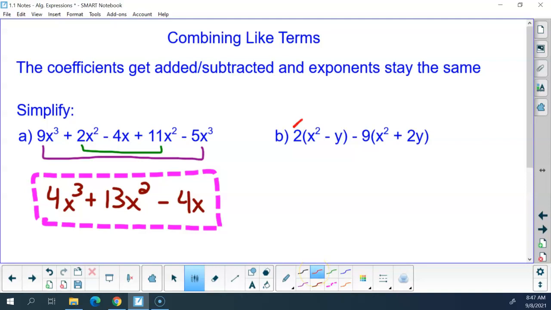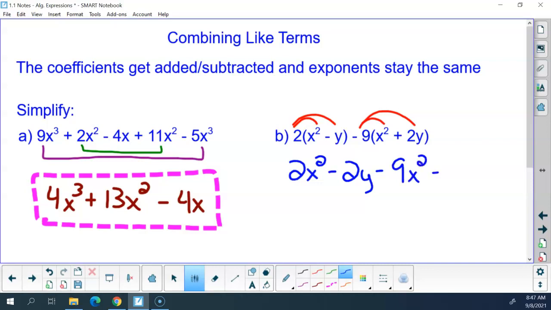Distribution first. So then that would become 2x squared minus 2y minus 9x squared minus 18y. Combine the 2x squareds. That gives me negative 7x squared. Combine the two y's.